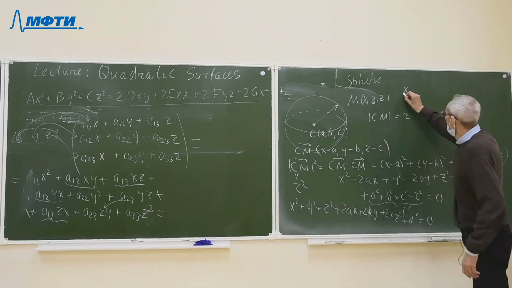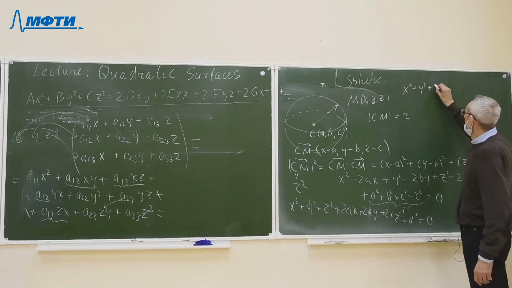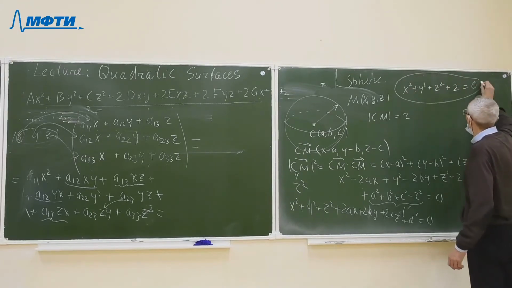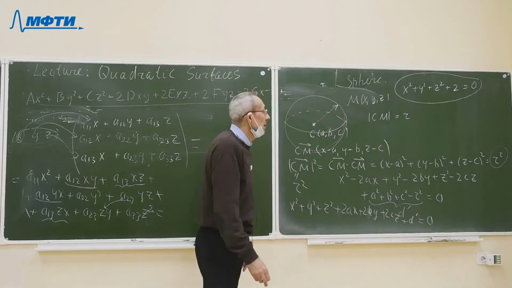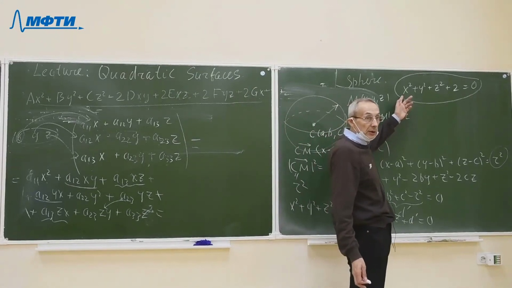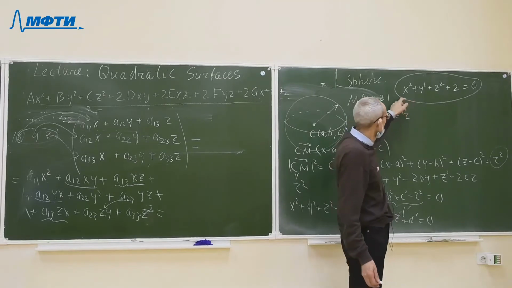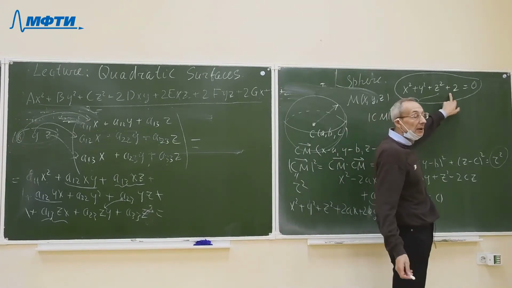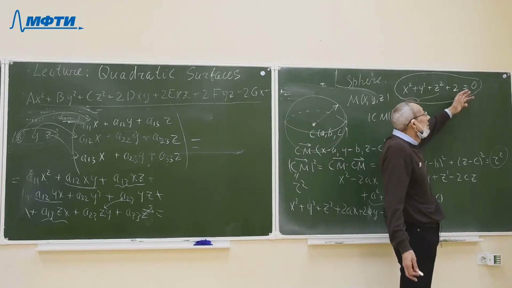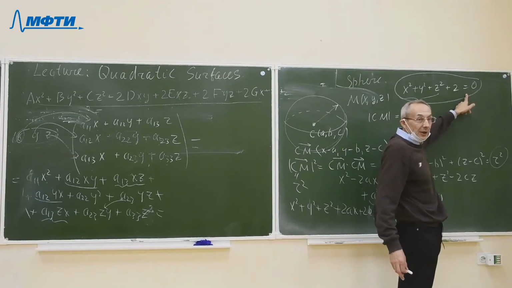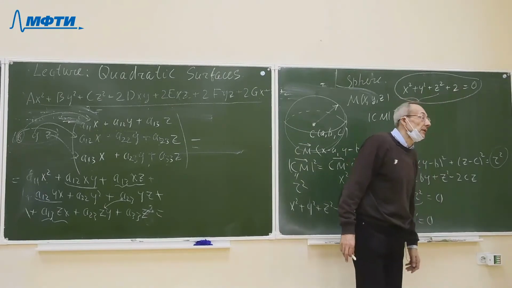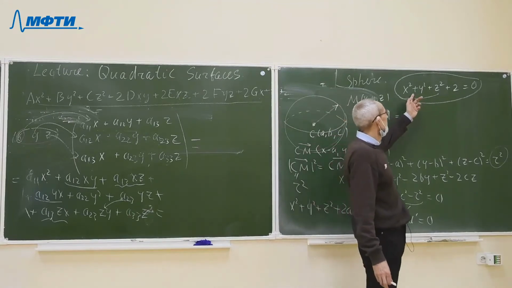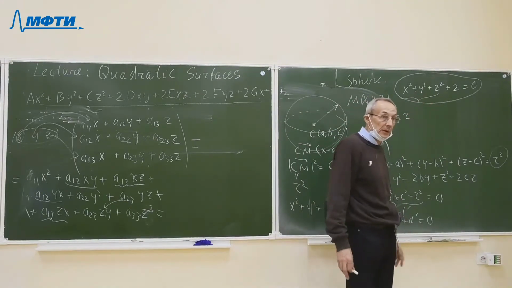For example, if we have the equation x squared plus y squared plus z squared plus 2 is equal to 0, it is easy to see that no point has coordinates satisfying this equation, because we are adding strictly positive terms and must obtain 0. So we obtain the empty set.